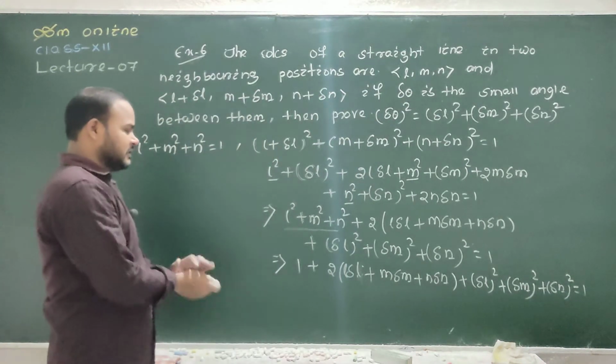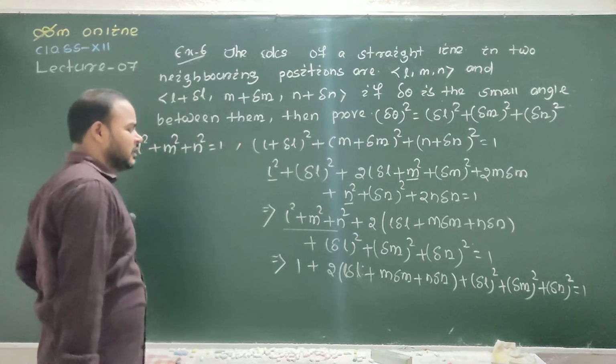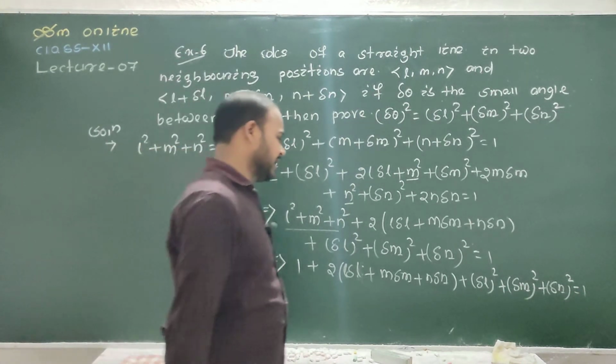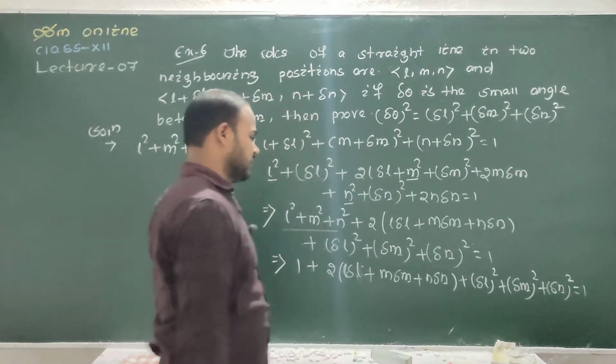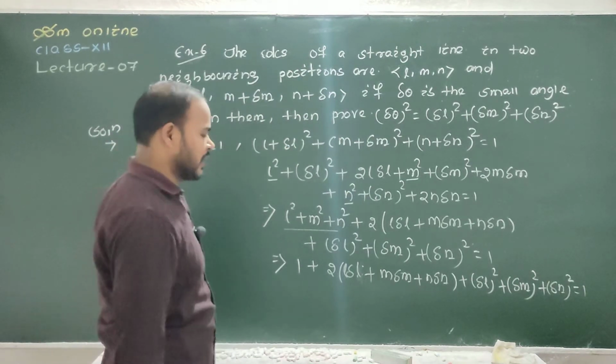Okay, this is the equation: 1 plus 2 times L del L plus M del M plus N del N plus del L square plus del M square plus del N square equal to 1.